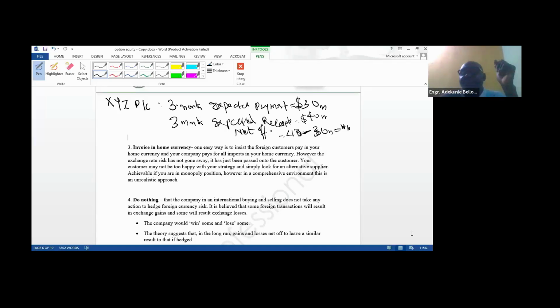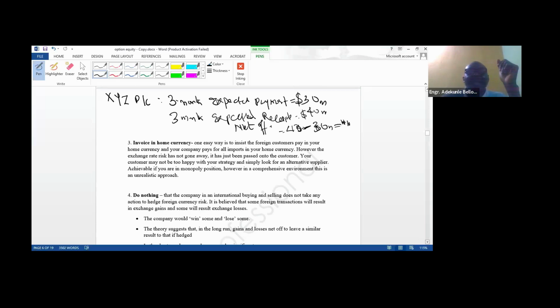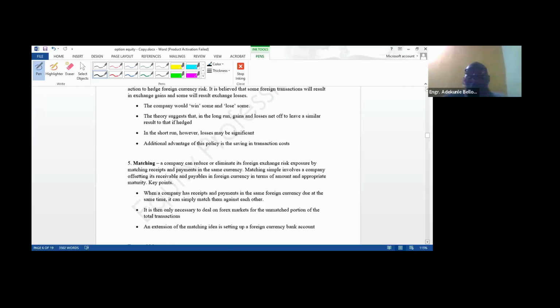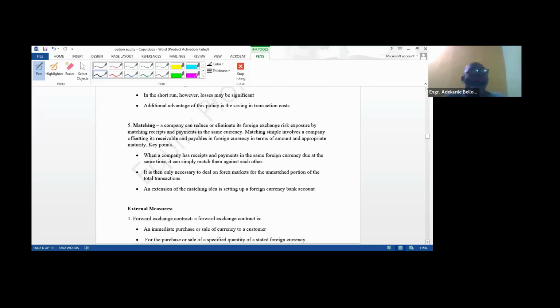Then lastly, under internal measures, we have matching. This is closely related to netting.